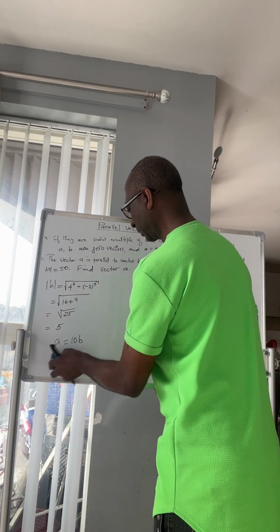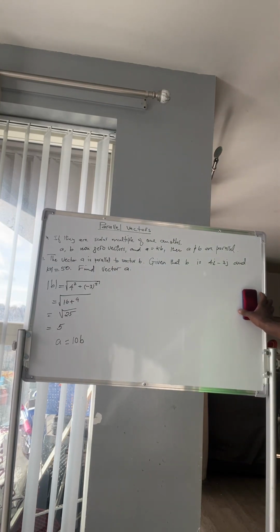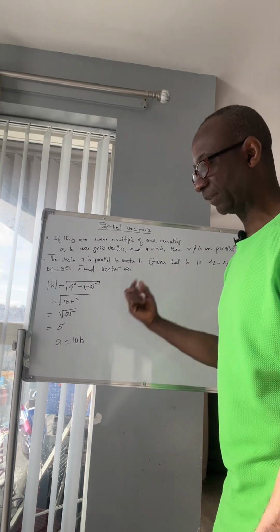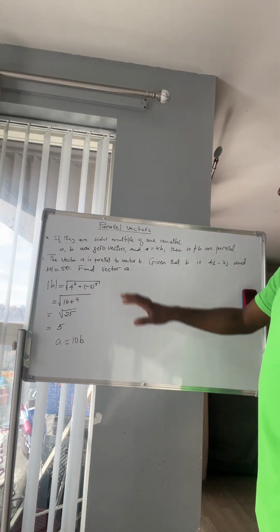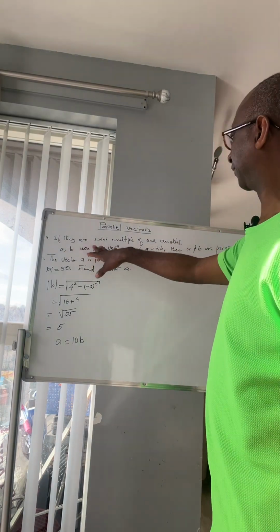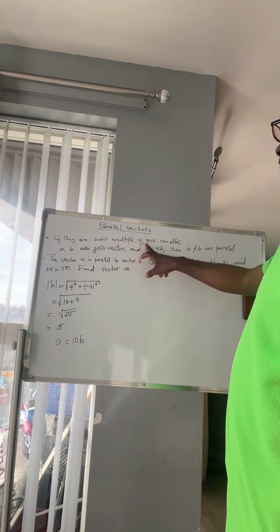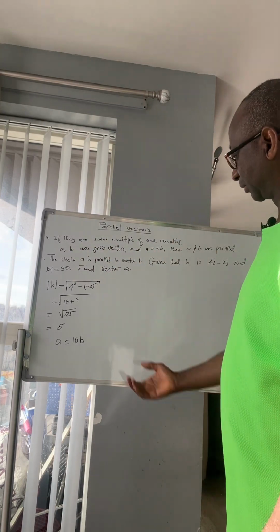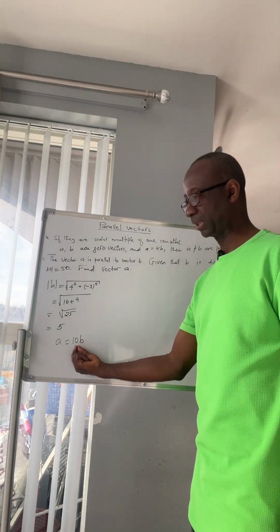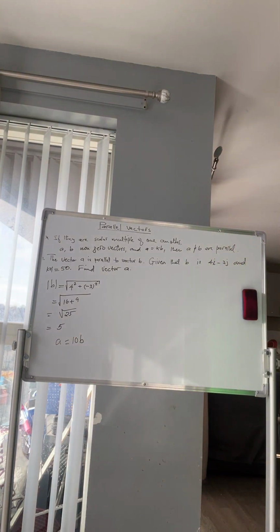So now to find the vector A, it is going to be 10 times the vector B. Mind you, two vectors are parallel if they are scalar multiples of one another. So this is a scalar multiple, this number is a scalar quantity. So therefore these two vectors are parallel. Okay?